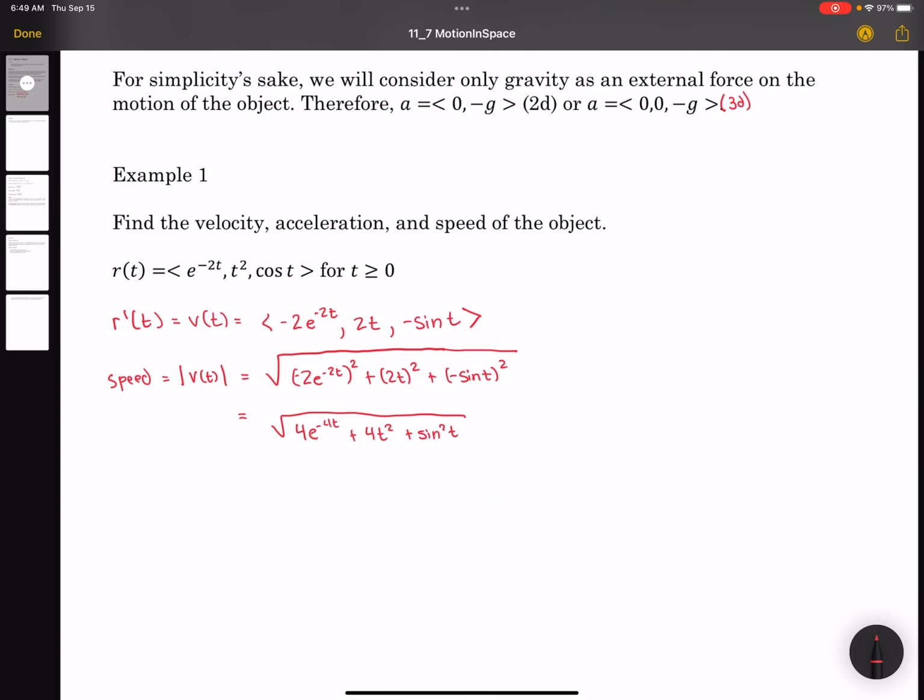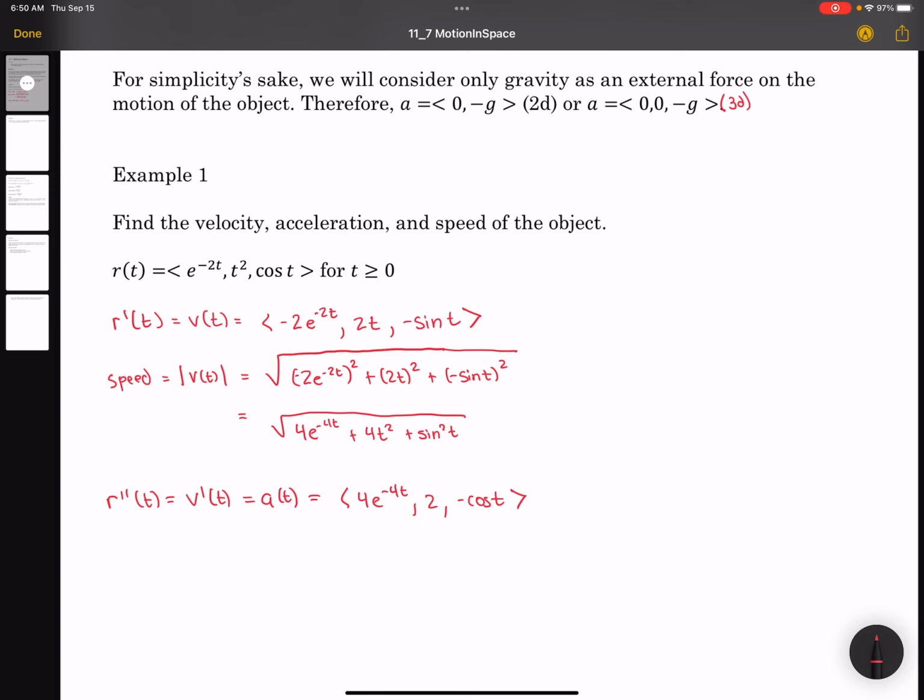And so next is our acceleration vector. So the second derivative of position, which is the derivative of velocity, which we're going to call acceleration, is 4e to the negative 4t, 2 and negative cosine t.